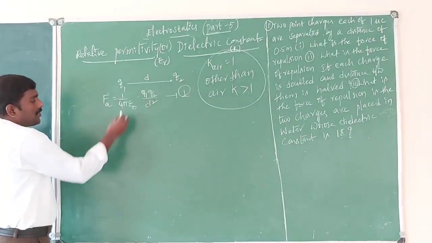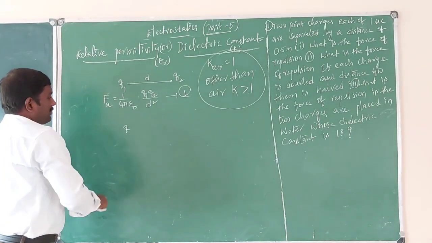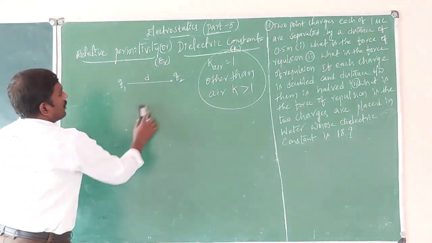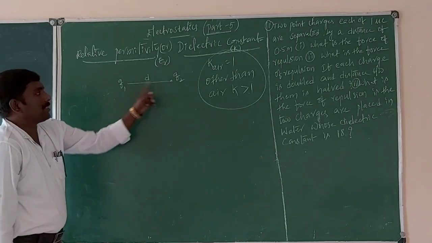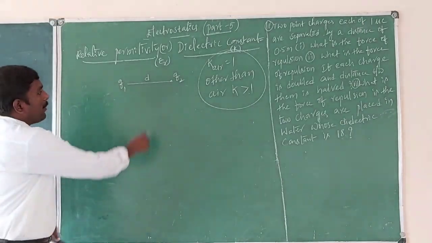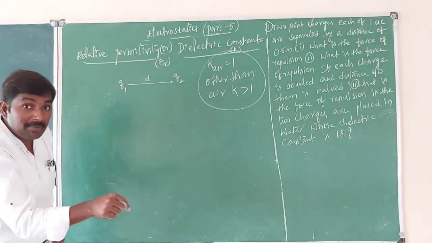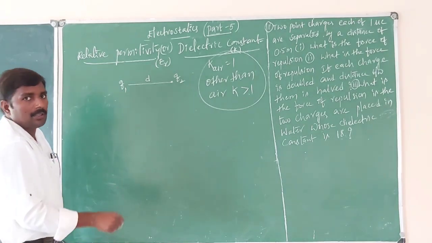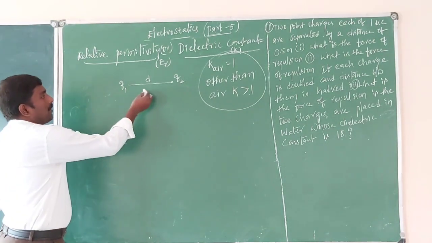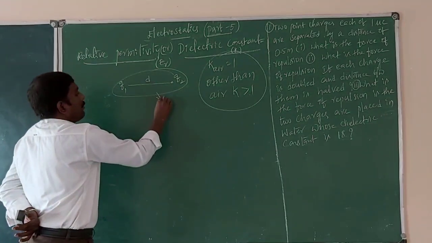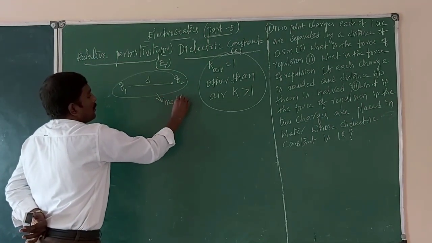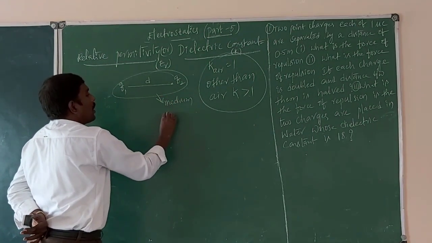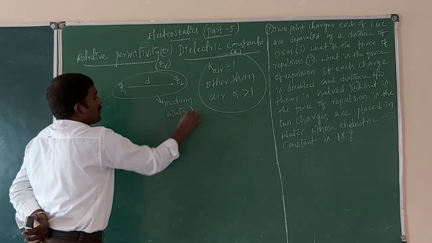Suppose two point charges Q1 and Q2, separated by a certain distance d, are kept in a medium like water.